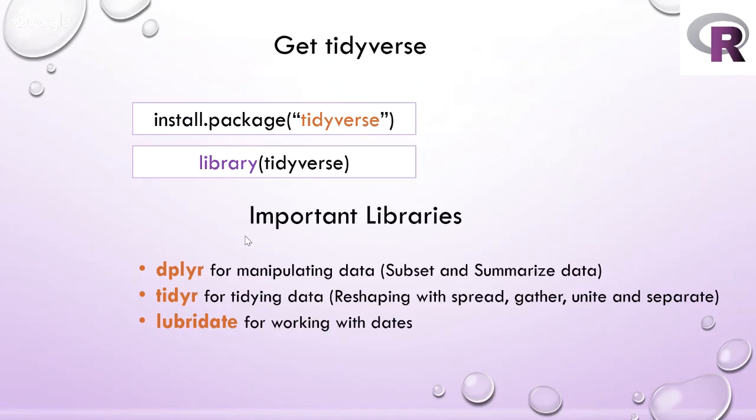These are the three main packages which are included in tidyverse. To install tidyverse, we can just type install.packages and in the brackets tidyverse, and then to call that package we just write library and tidyverse. So this is how we start.